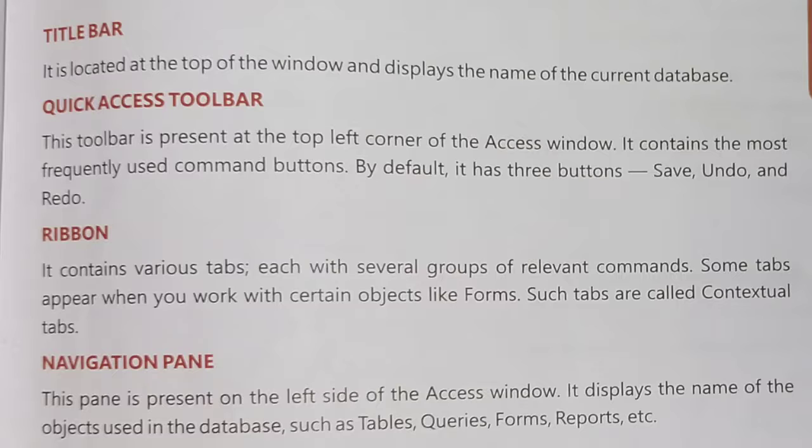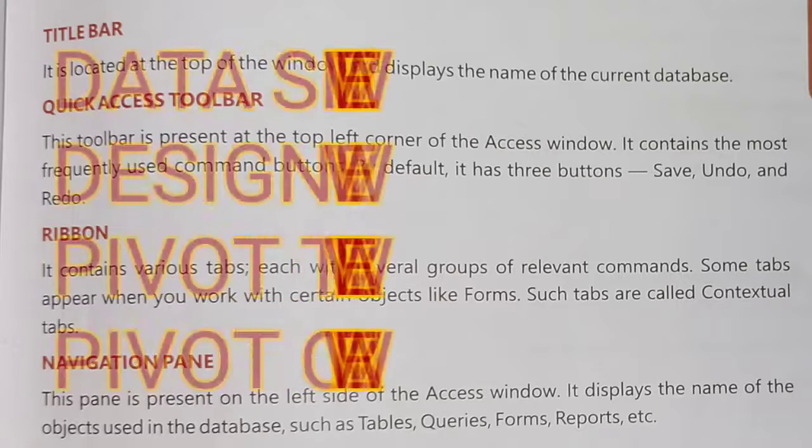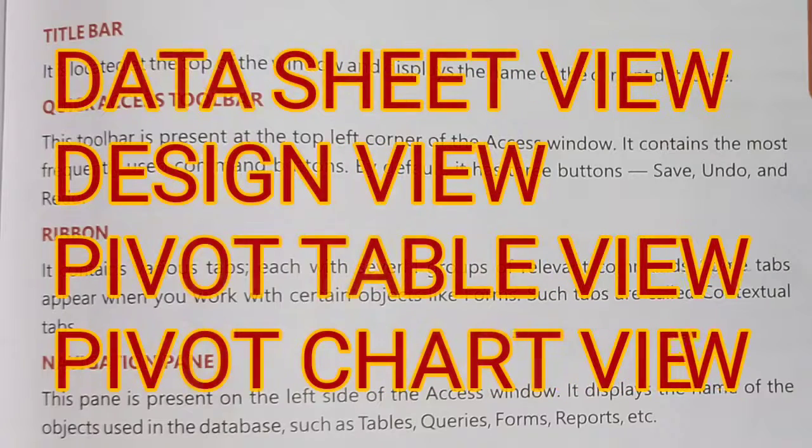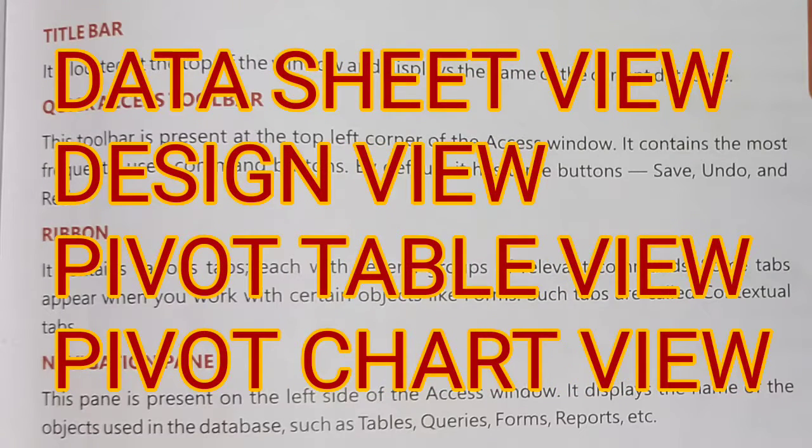So the next component is the status bar. If we are talking about the status bar, basically it displays the name of the current view and on its right, it has 4 view buttons which are datasheet view, design view, pivot table view and pivot chart view.